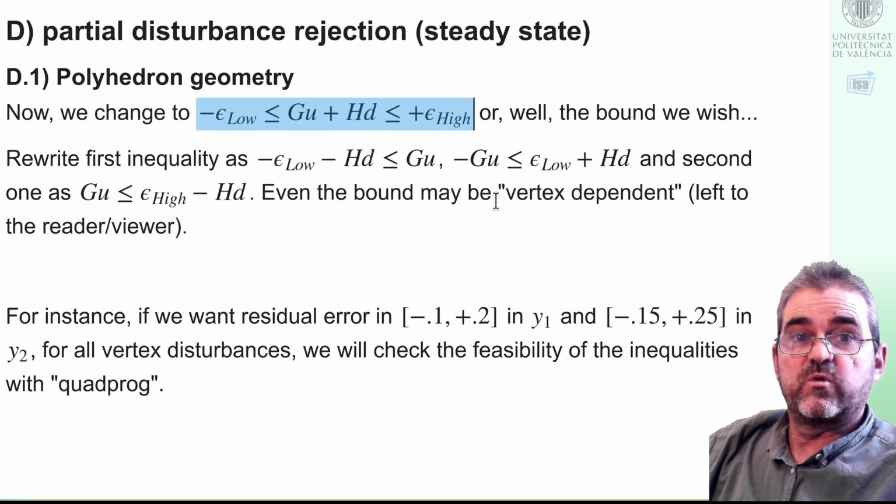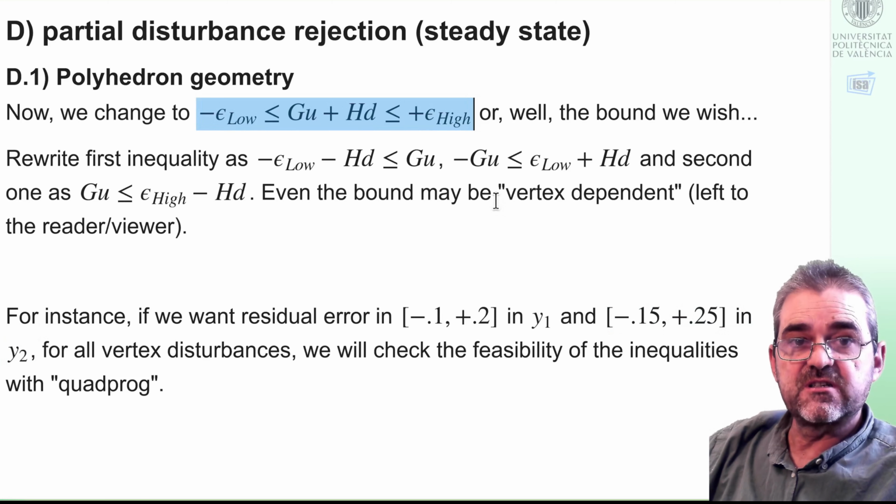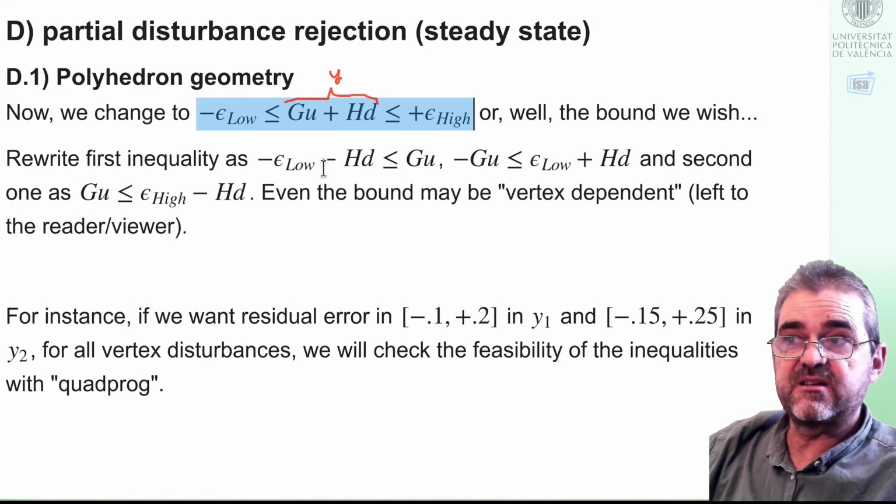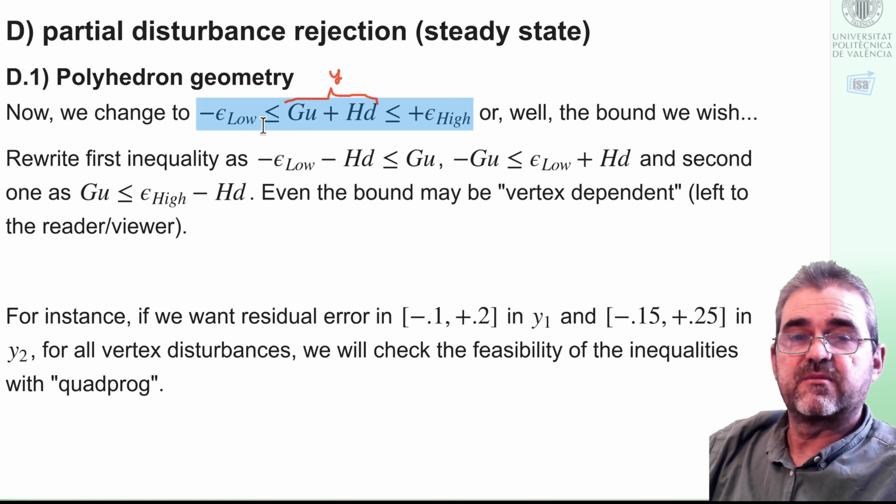So we'll sum up those wishes by saying that the output, which ideally should be 0, we will be happy if it is between minus epsilon low, a 2 by 1 vector, and plus epsilon high.